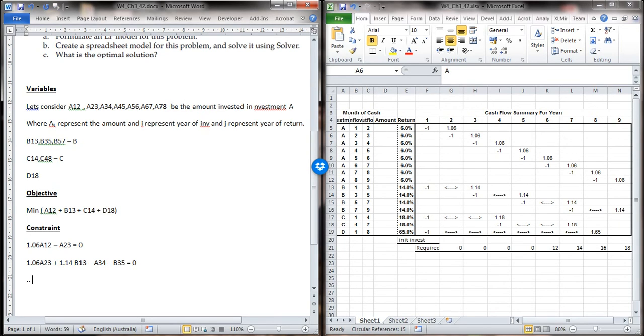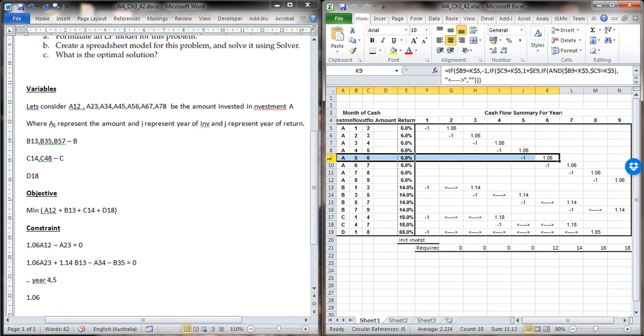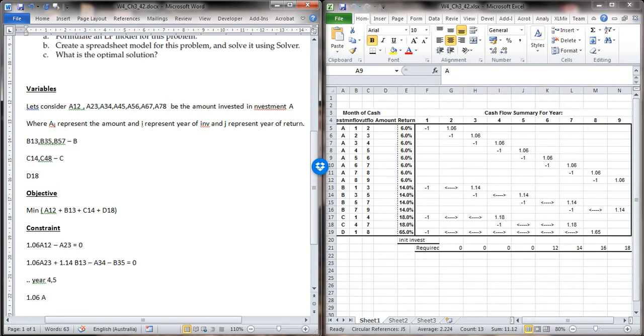Similarly, do it for years 4 and 5. For year 6 it would be 1.06 A56 with the return. What is the other return in the year 6?